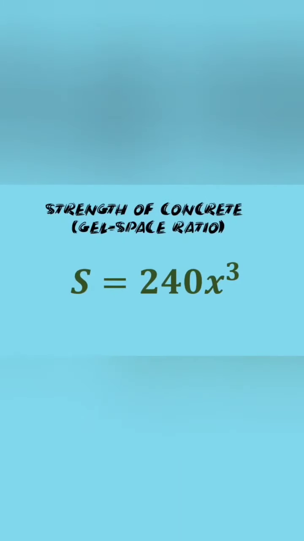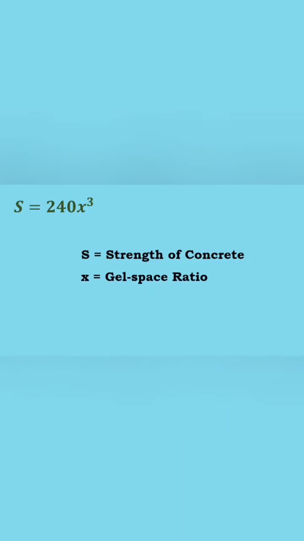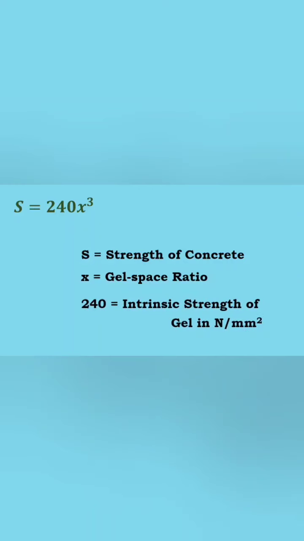The strength of concrete considering gel space ratio is calculated by S = 240 x^3, where S is the strength of concrete, x is the gel space ratio, and 240 is the intrinsic strength of gel in Newton per millimeter square for the type of cement and specimen used.